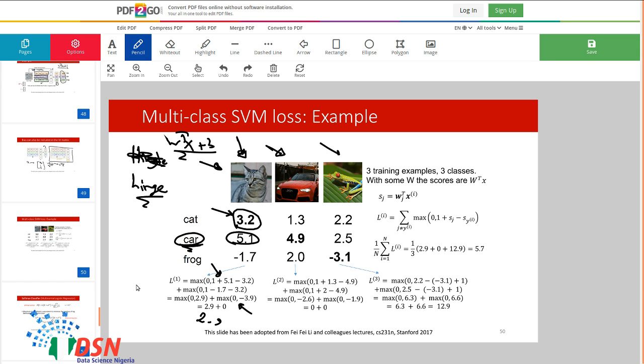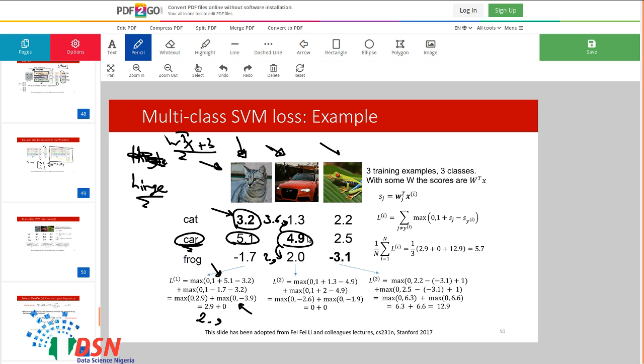For the car here, for example, you could see that the score of car is the highest, and we have greater than one margin, so we have 4.9 minus 1.3, which is 3.6 margin from the cat score, and we have 2.9 margin from the frog score.